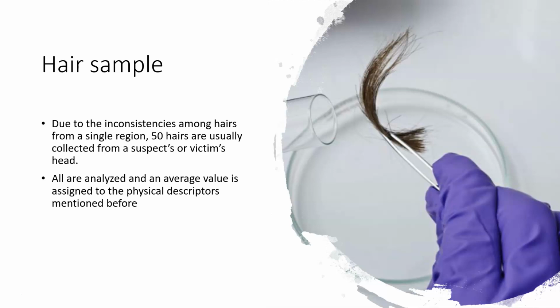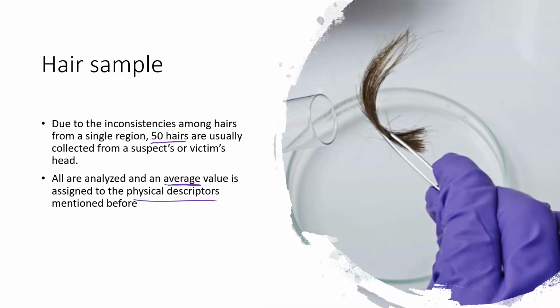There's just natural variations among hairs, and so to combat the inconsistencies and the variations, we want to collect a 50 hair sample of a suspect or victim's head in order to analyze and then average the value in order to make a more comfortable prediction or a more comfortable match about the physical descriptors of that particular person.